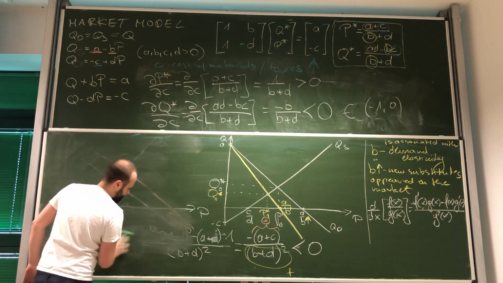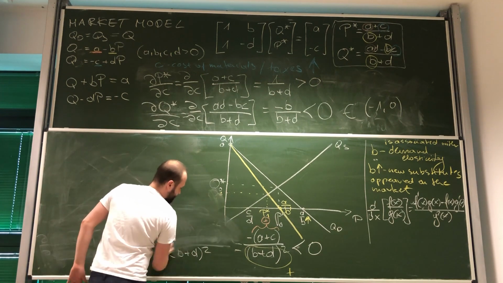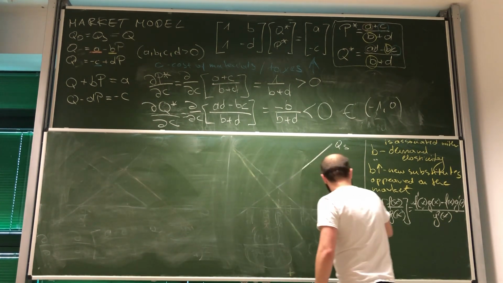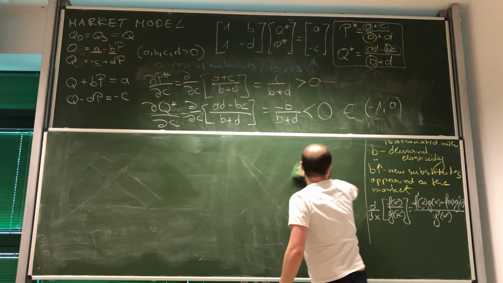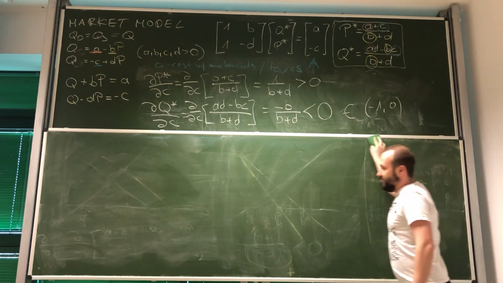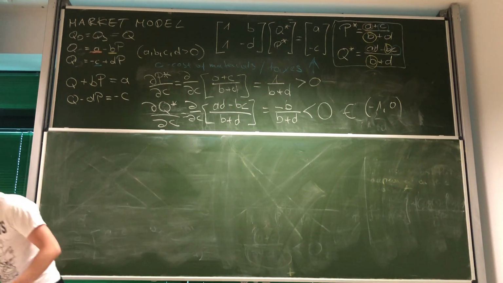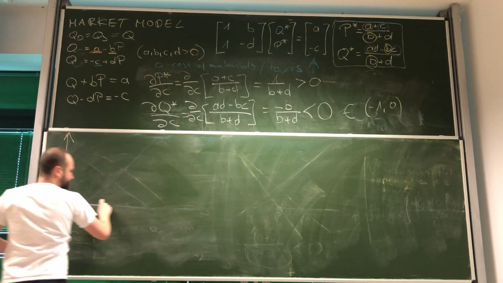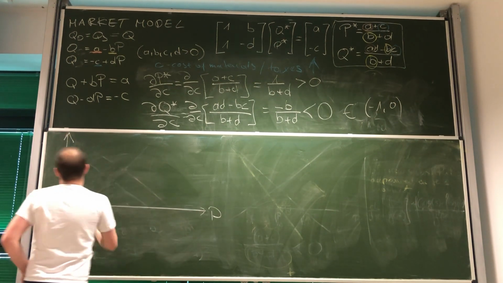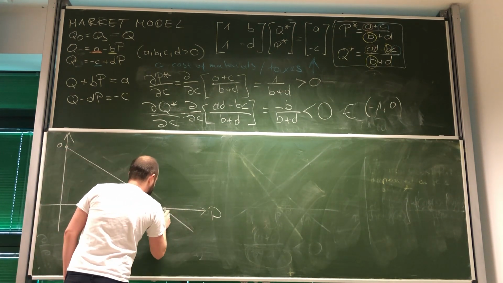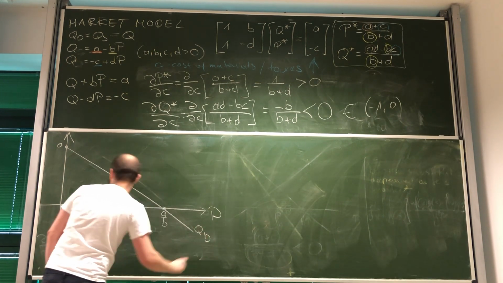Okay, so now that we've established this result, maybe it's a good idea to see it on a graph. Okay, just give me a second. Okay, so we start over here, and we've got some A over B. This is quantity demanded.